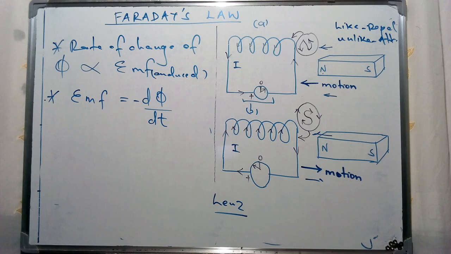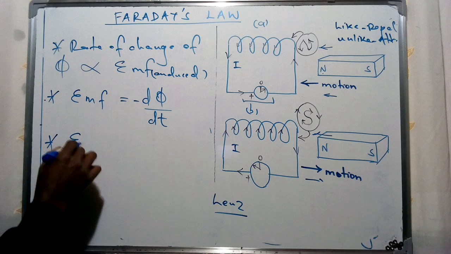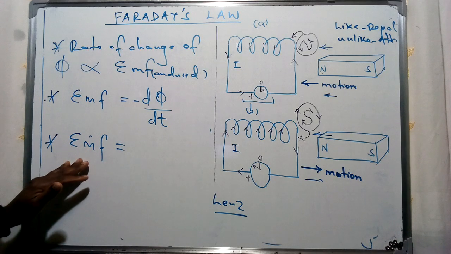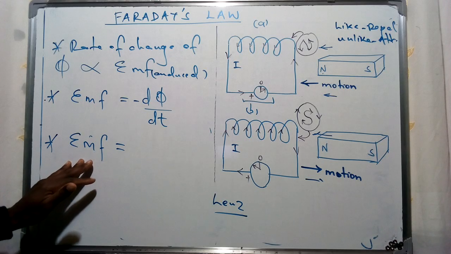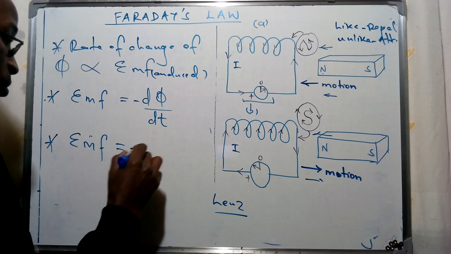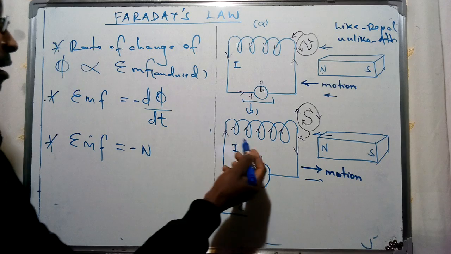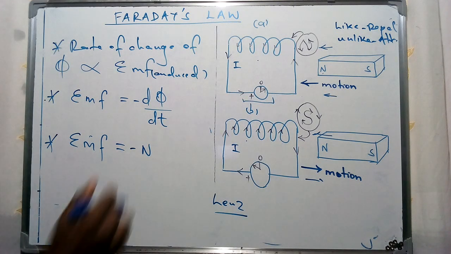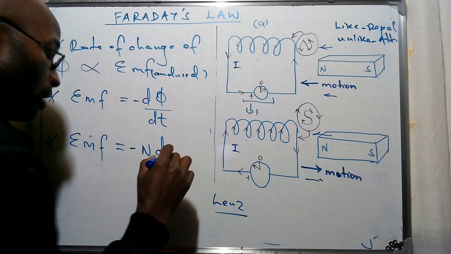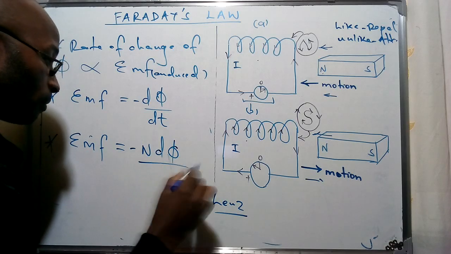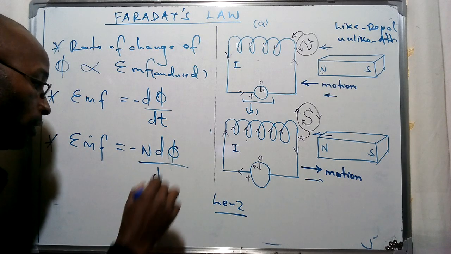Now, we can have a version of this equation where the magnitude of induced electromotive force is also directly proportional to the number of turns. So we introduce this term for the number of turns included in the coil which we have used for our experiment, giving a relationship of N dΦ over dt.